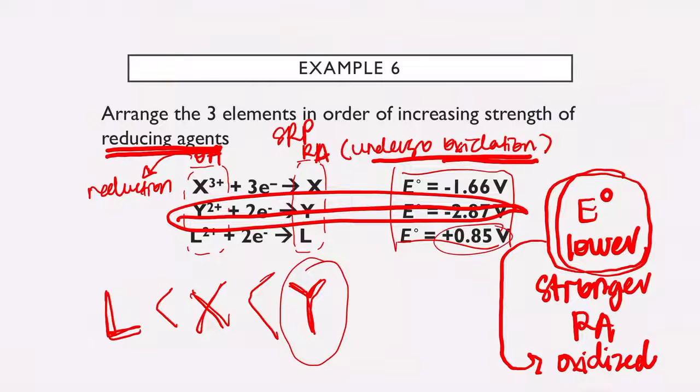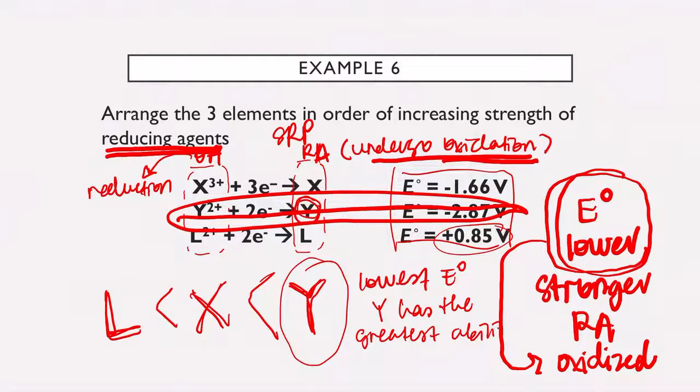So Y is the strongest reducing agent because it has the lowest E naught. That means that Y, your reducing agent, has the greatest ability to be oxidized or lose electrons. Okay, boleh.